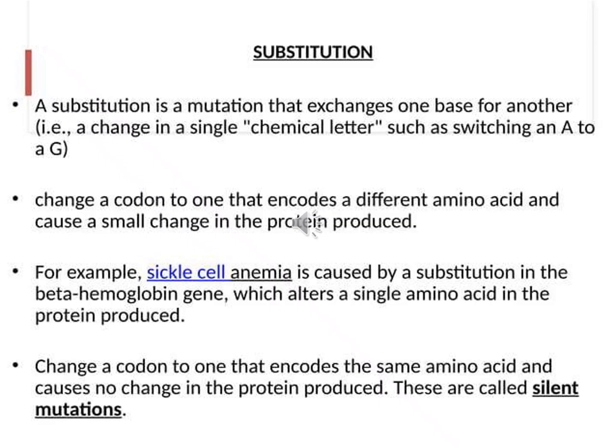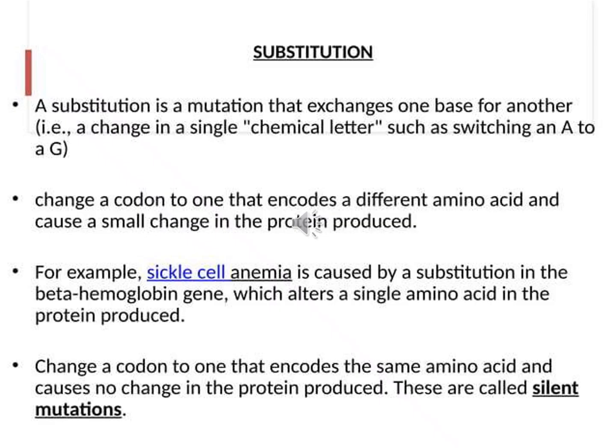Here the substitution mutation exchanges one base pair for another. That is, it changes the chemical nature, such as switching from A to G, adenine to guanine. The change can alter a codon to one that encodes a different amino acid, causing small changes in the proteins produced.